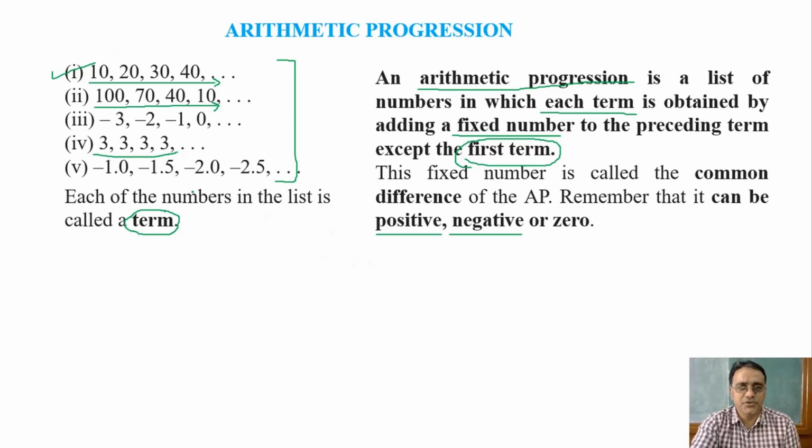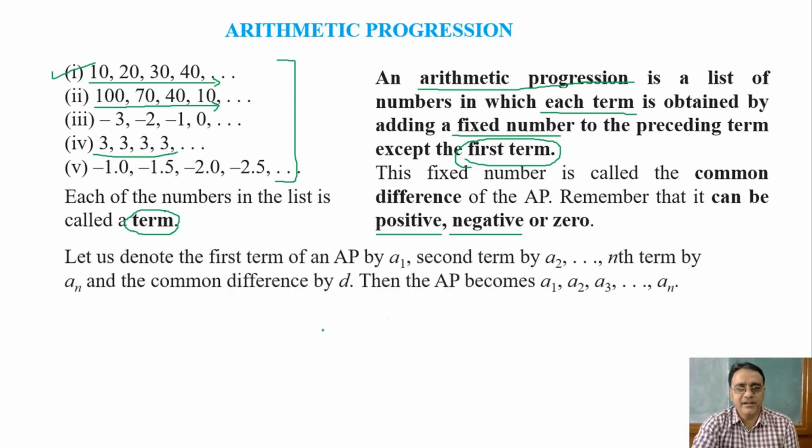Okay. So usually we will denote every number by A1, A2, A3, A4 like that. Suppose we denote the first term by A1 and the second term by A2 and so on up to the nth term by An, and the common difference by d. So the AP becomes A1, A2, A3, so on up to An.